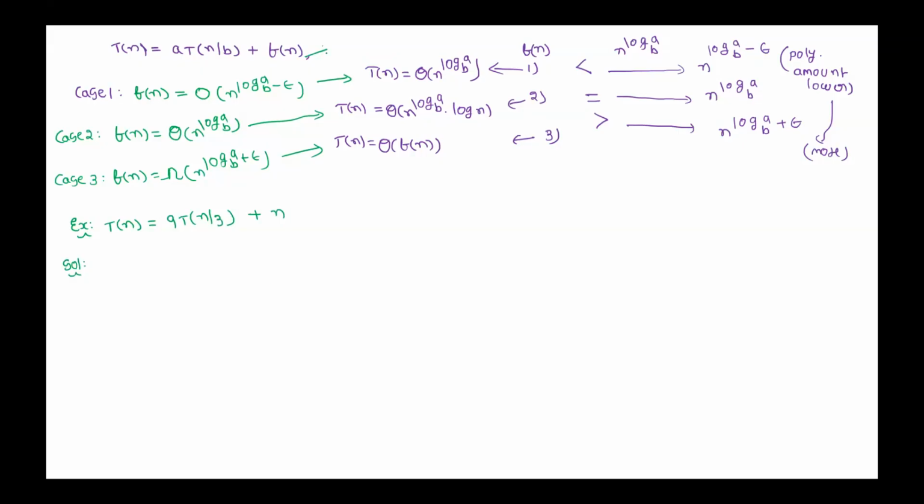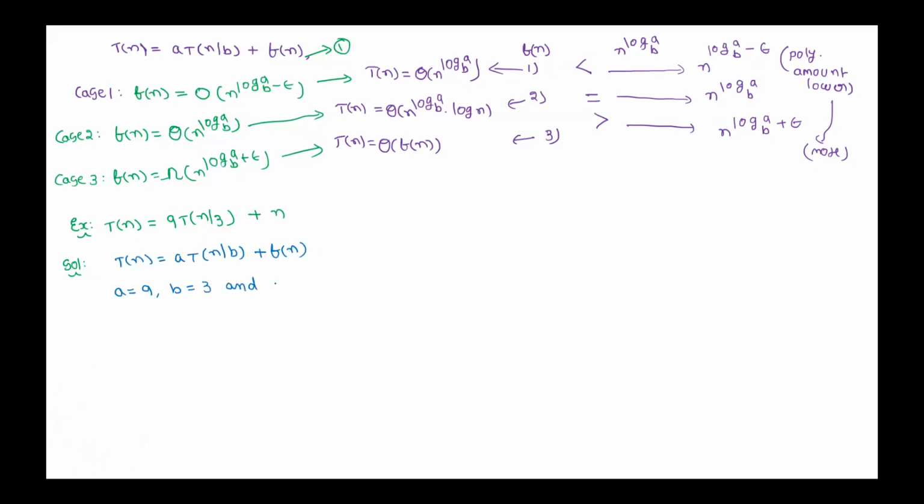So this is our recurrence. Is it in the form of the general divide and conquer recurrence? What is a? 9. b is 3.